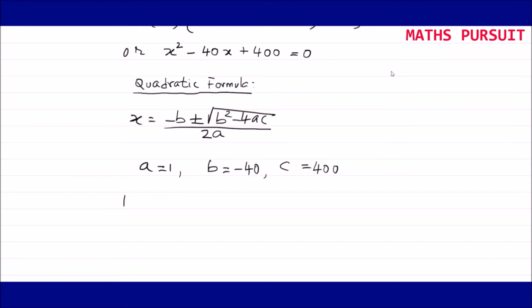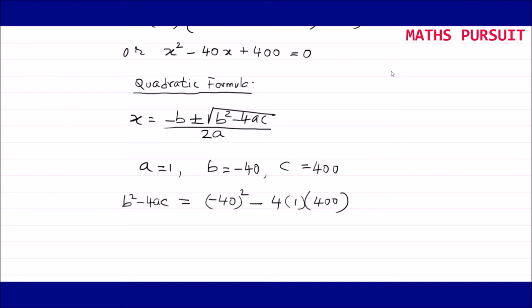Now let us find out what b square minus 4ac is using these values. So b square minus 4ac is equal to minus 40 square minus 4 into a into c, that is 400.